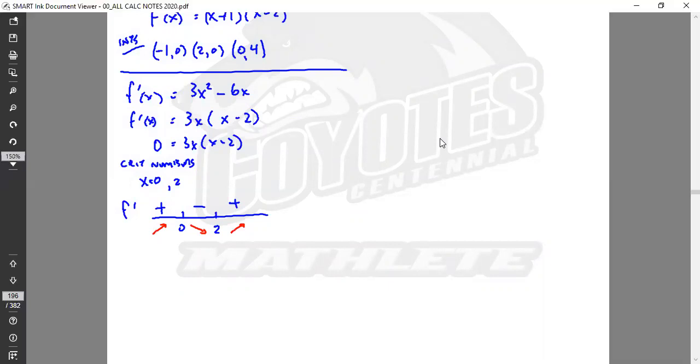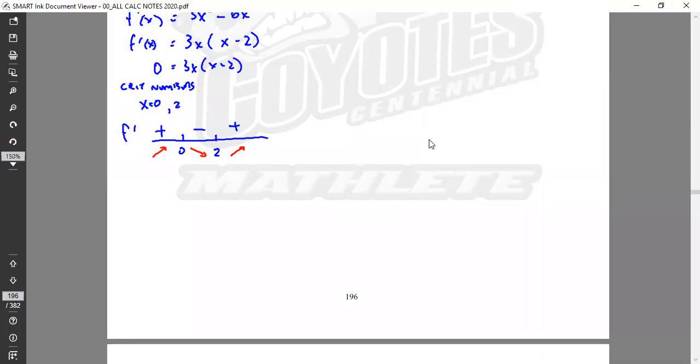We do need to state what those zones are: increasing on -infinity to 0, union 2 to infinity, decreasing in between, 0 to 2.